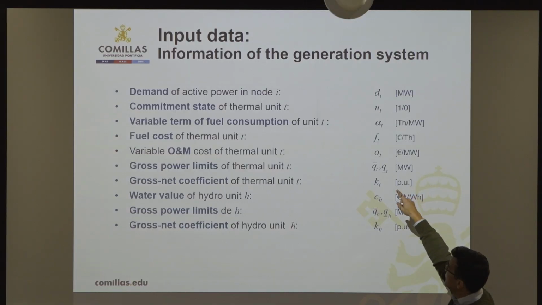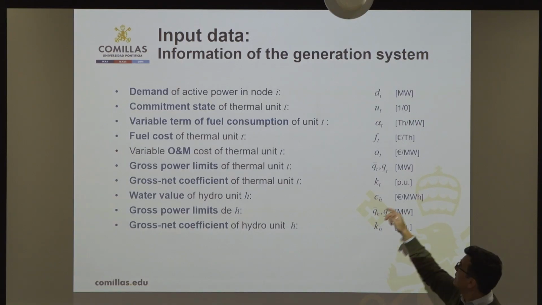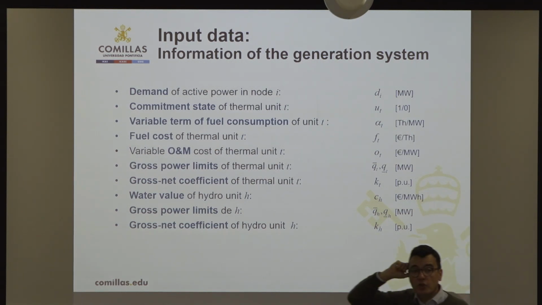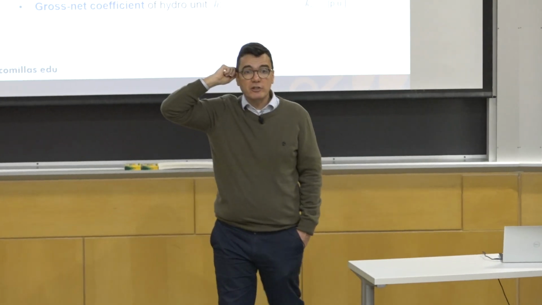We have to assume that we know the unit commitment of all my generators. We have this marginal cost, that tells me how many BTUs per megawatt hour my generator consumes, and the fuel price. Also, another term for the cost is the operational and maintenance cost.